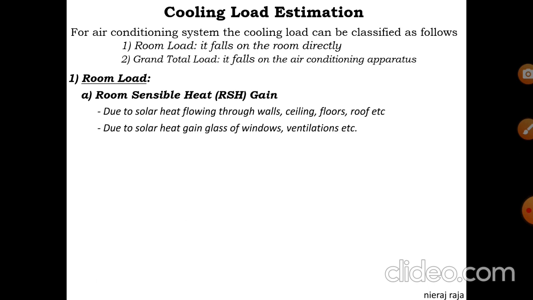Again, the solar heat, by means of radiation, can directly pass through the glass of windows or different ventilations. Then again, you may have a partition wall, a permeable wall. You may have a condition where one room is air conditioned, but attached to that room, another room is not air conditioned, so heat may flow from those partition walls.